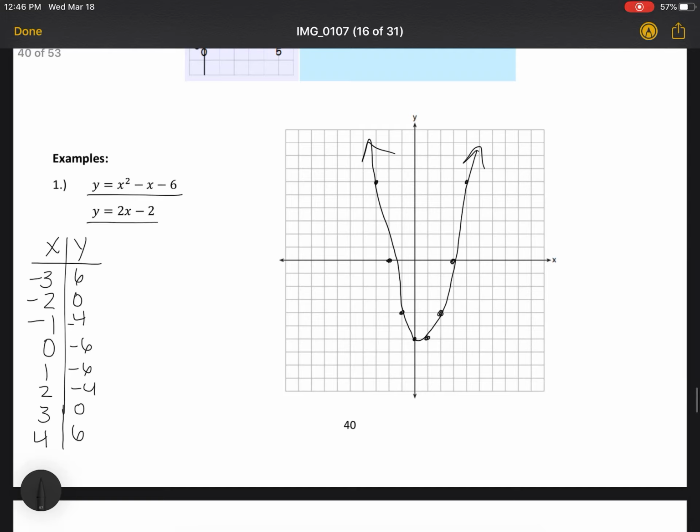You could also type the linear equation into your calculator, do the same thing, copy your table, plot the points. But remember, we can also plot this by knowing that -2 is our y-intercept, and the slope is up 1, right 1. And you'll start to notice how far you need to take this line, because remember, the whole point is you need to find where these things are going to cross.